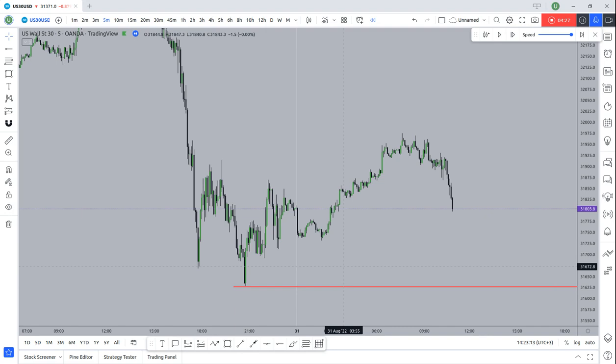Even if I see my entry sequence, however, I don't see liquidity being taken, I am not interested. And that's why my trading strategy is a very high win rate strategy. Yeah, and I trade two types of models.